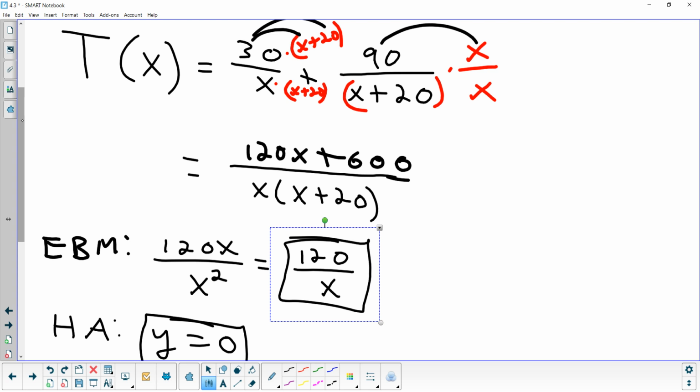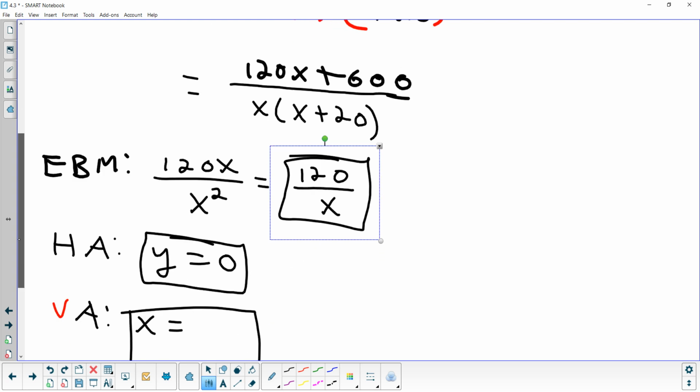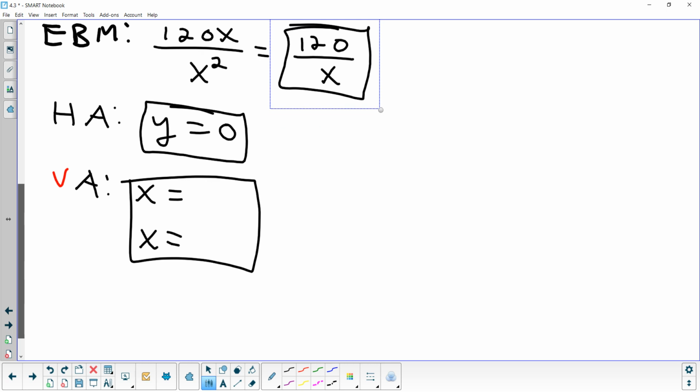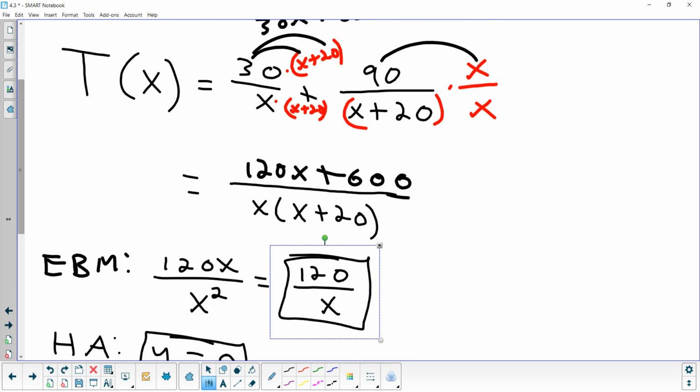How many vertical asymptotes am I going to have in this problem? Yeah. 2. You have as many vertical asymptotes as you have factors, assuming they're distinct. And these are 2 distinct factors. First factor, second factor.